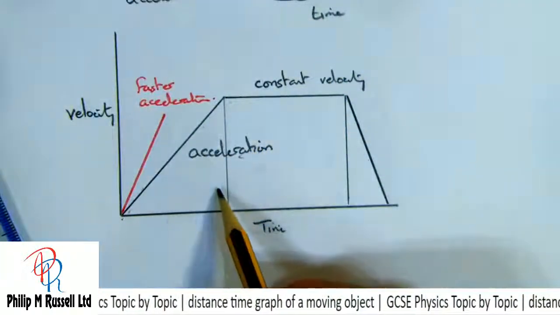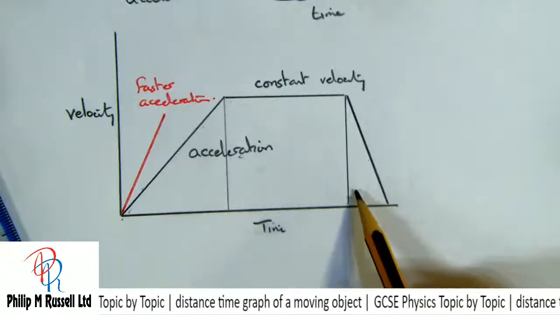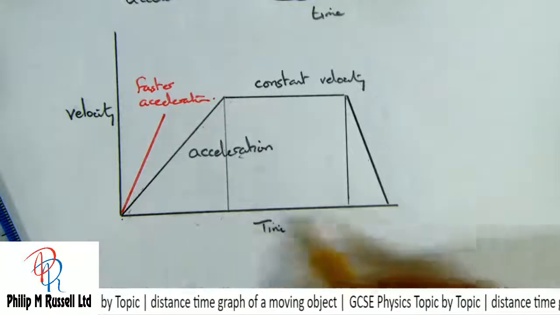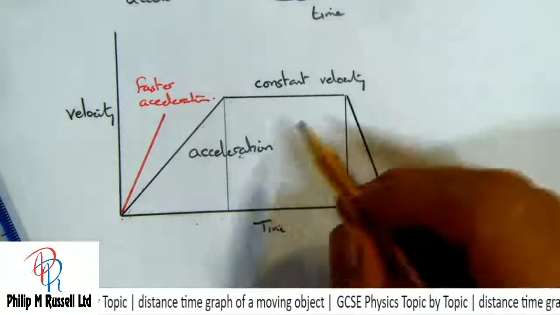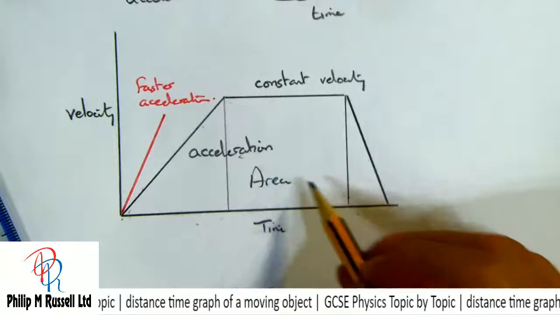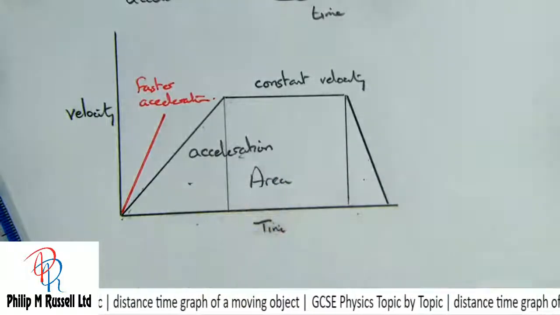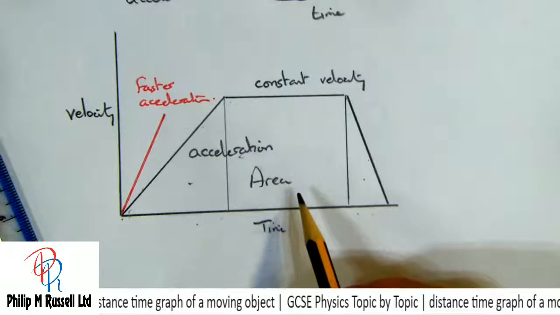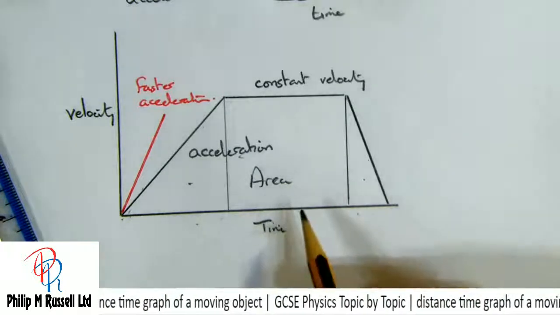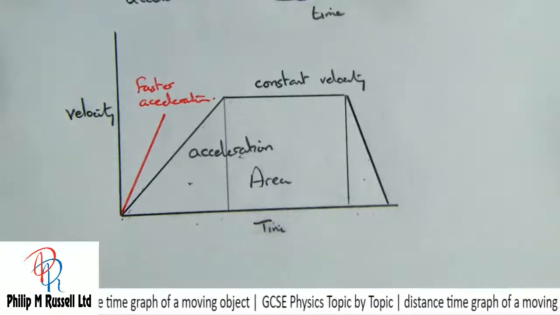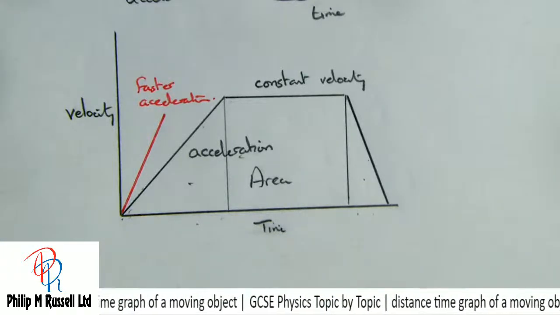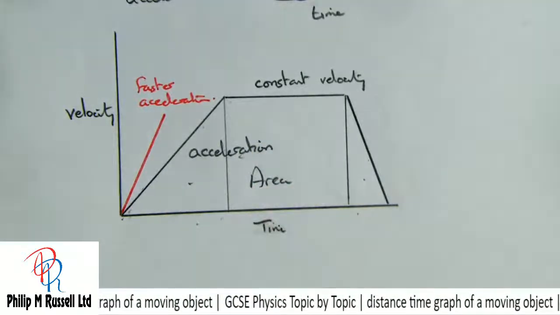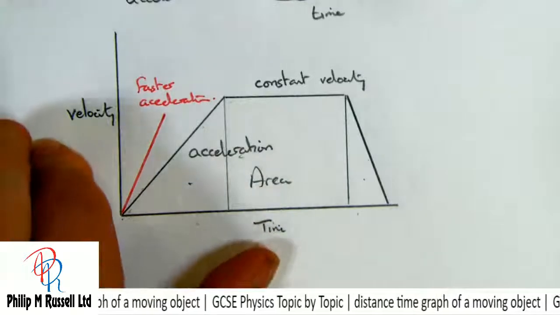Here is my acceleration, constant velocity, and my deceleration. If I can measure the time here and the time there and here, what we can do is, if we work out the area of these three objects, then we can work out the distance travelled. So distance travelled is going to be the area under the velocity time graph.